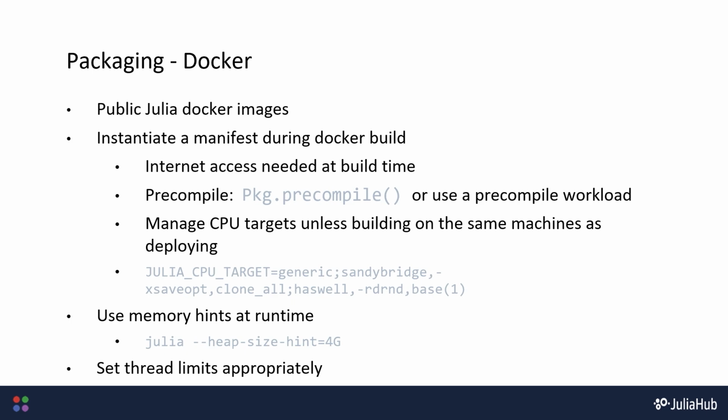On Docker, one of the things that happens is that Julia's garbage collector figures out how much memory is on the machine and decides when to run depending on how much memory there is. It doesn't only look at the memory that your program is using, it also looks at the memory that is available on the machine. If you're running Docker on a larger host, then Julia looks at the memory of the host, not of your Docker container.